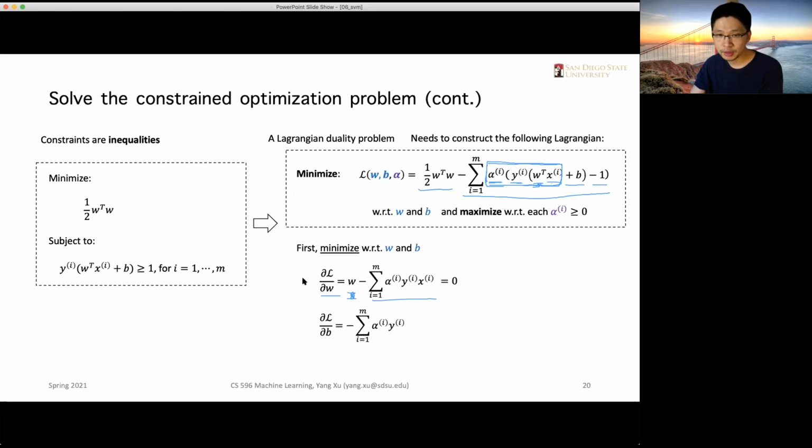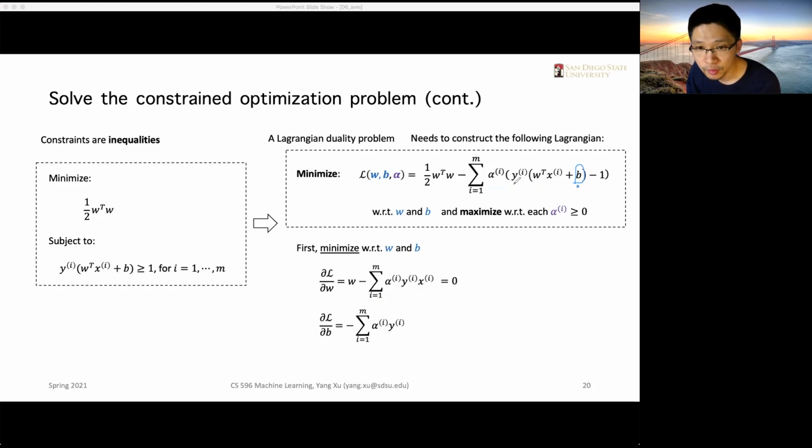For B, we'll do the same thing. B is even simpler. There's only a B here, and the coefficients associated with B are yi and alpha i, and everything else is gone. Then there's a negative here. So the derivative with respect to B is like this, and we want to make it 0.